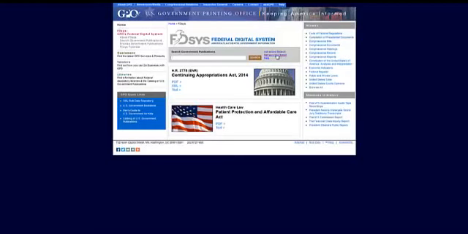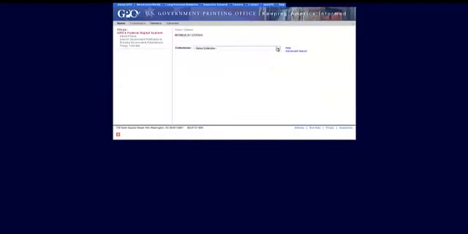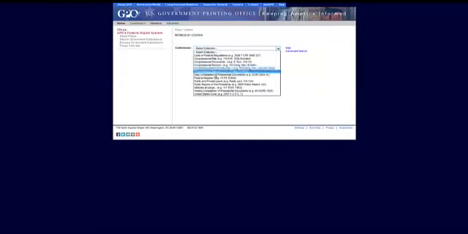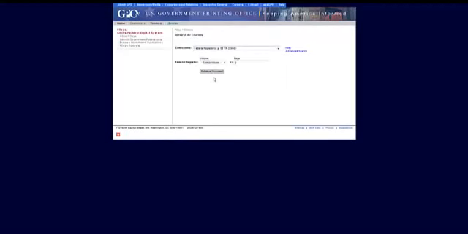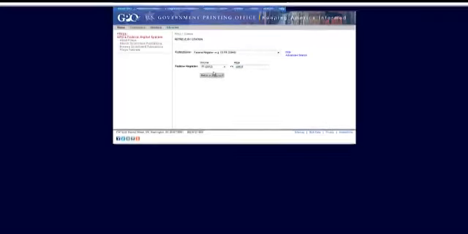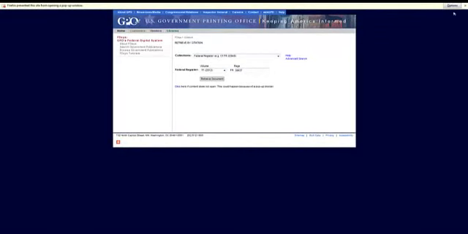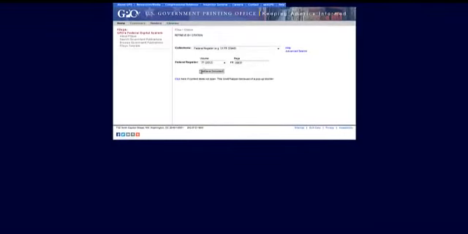So I have my citation. I want to retrieve by citation. I'm going to select the Federal Register. This was volume 77 from 2012, and I copied the page number. If you have a pop-up blocker, you may have to manually open the document.